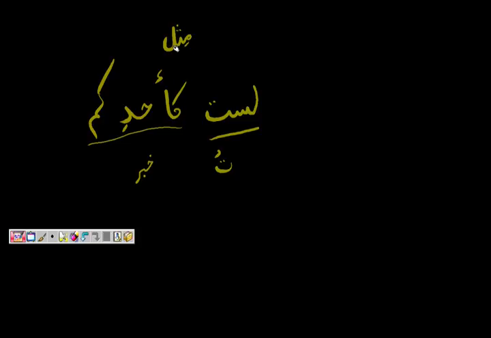This kaf gives the same meaning as mithl. No, it'd still be ahadikum, because mithl would be mudaf to ahad. So you'll say lastu mithla ahadikum, and mithl would be mudaf to ahad. Right? Mithl would be mansub, because it would then be the khabar of lastu.